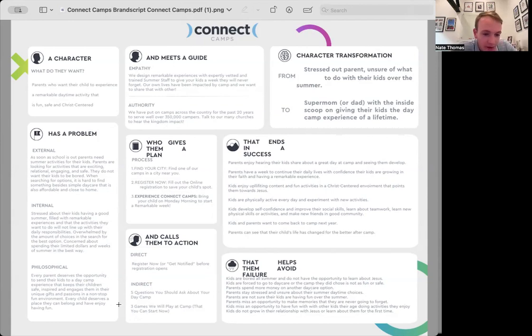And then for the philosophical problem, it is accepted in the media and TV. You think of movies like Parent Trap that have camp, and Camp Rock, and all those movies that portray camp. Camp is a part of the American culture, especially in the Bible Belt. Camp is just a part of culture, and parents want to send their kid to camp in the summer.